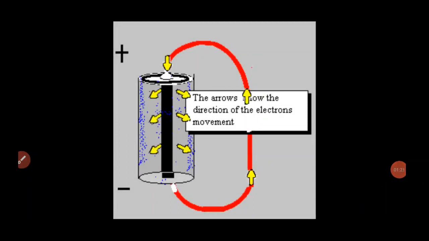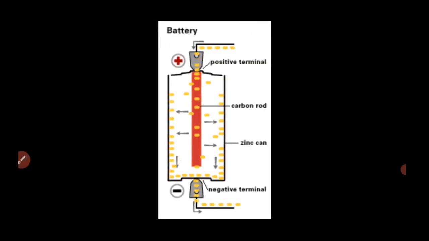The direction of electrons is from the negative terminal to the positive terminal, and the direction of current is from the positive terminal to the negative terminal. So, very important question: the direction of electrons is opposite to that of the direction of current.